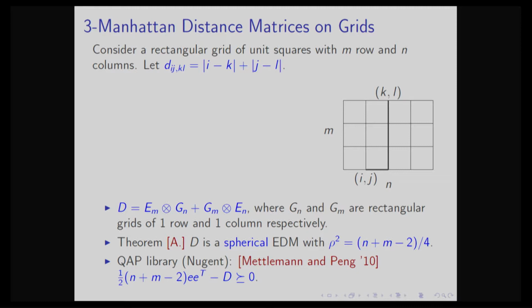Notice that this is just twice the radius squared, so that follows from the characterization of spherical matrices. Maybe by exploiting the fact that these are spherical EDMs, these results can be enhanced and pushed further. But they were not aware that these are EDMs.